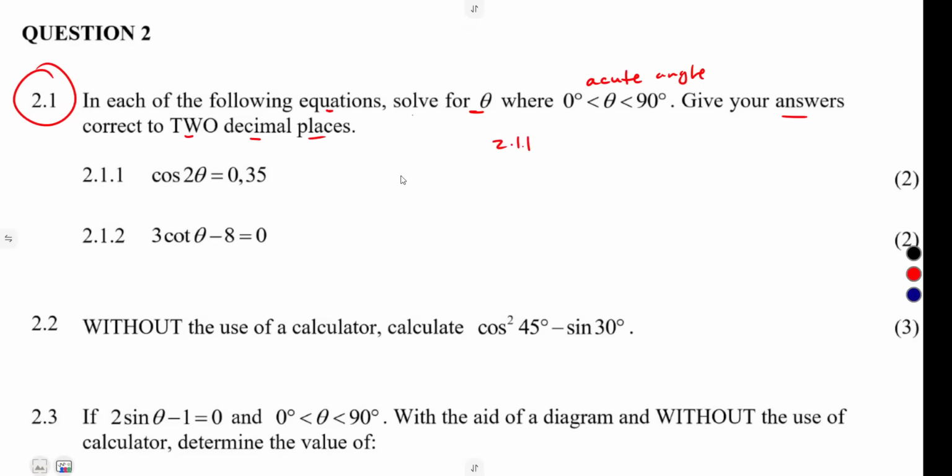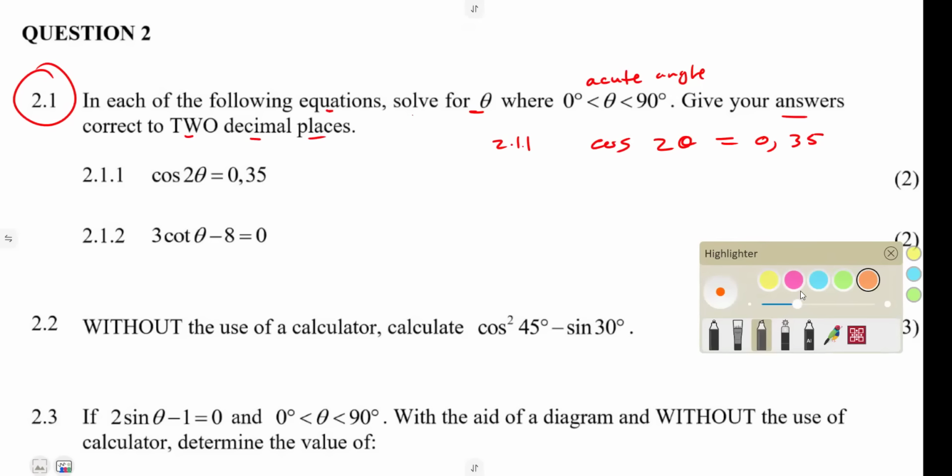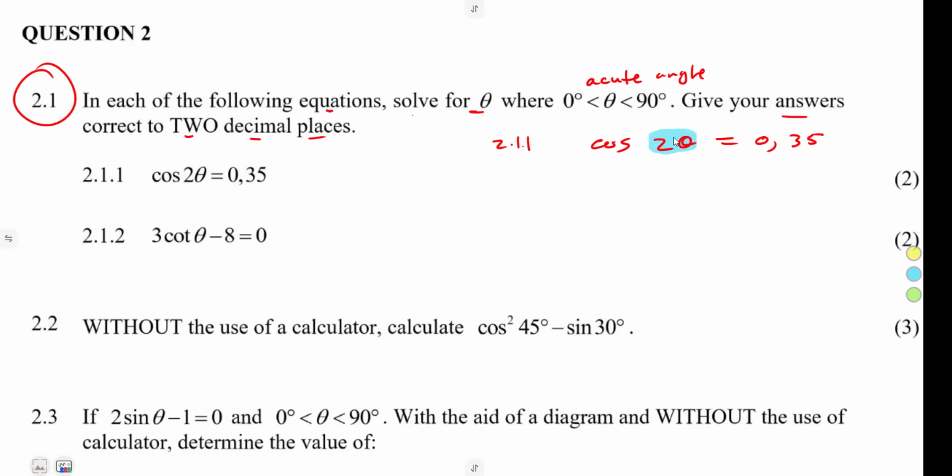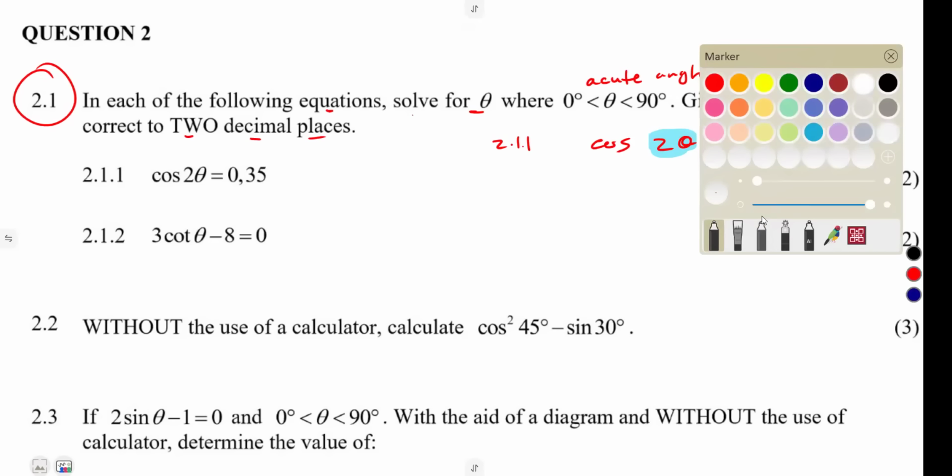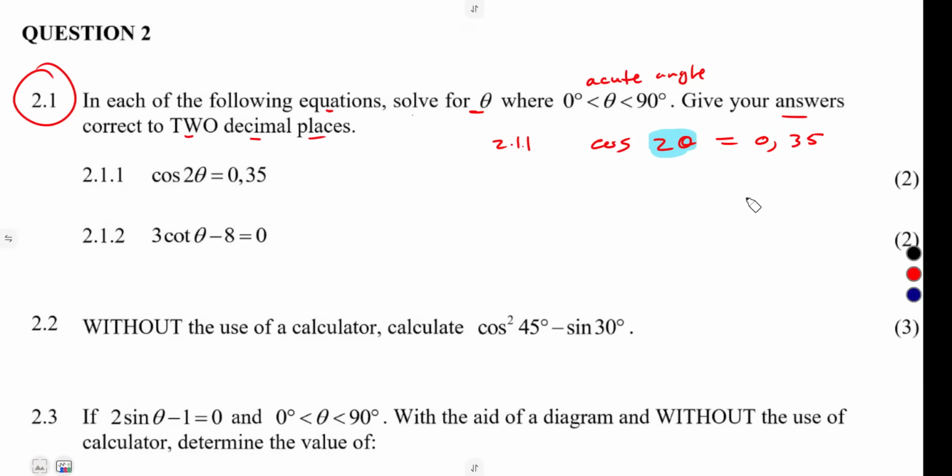So let's start with the first one, 2.1.1. The cos of 2 theta is equal to 0.35. Remember, the cos of the angle, our angle is 2 theta. To obtain that angle 2 theta, we must write cos on the other side as arc cos.